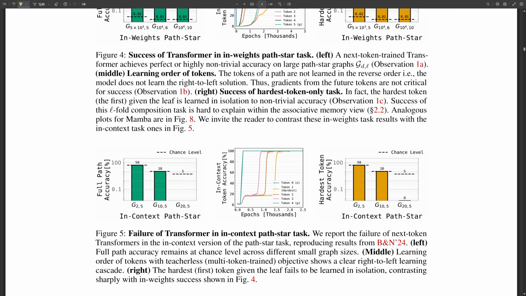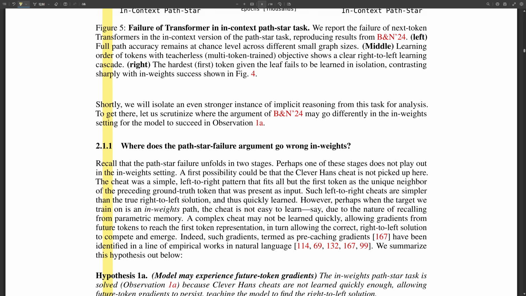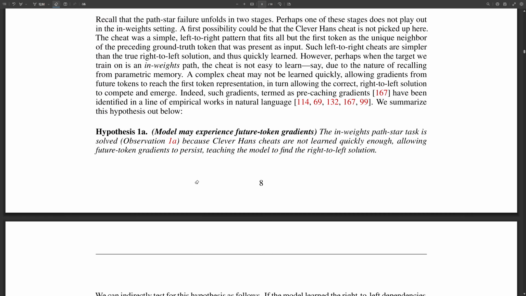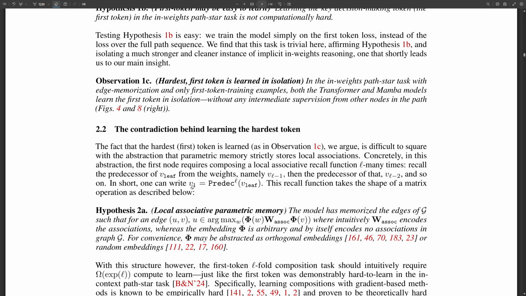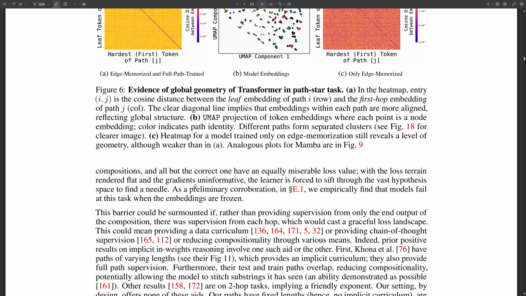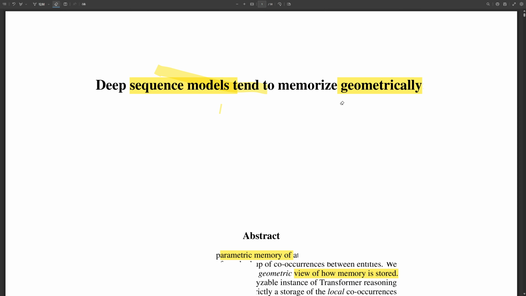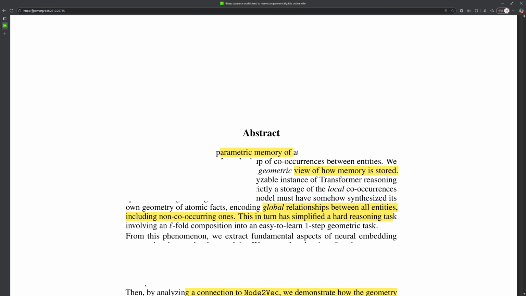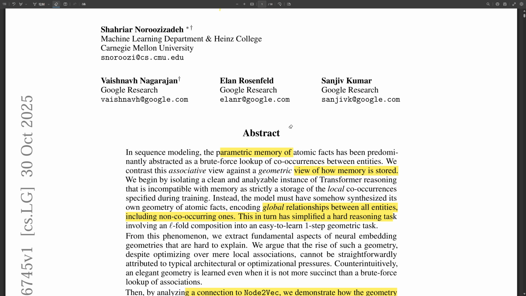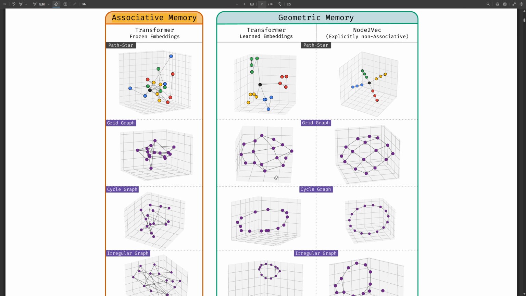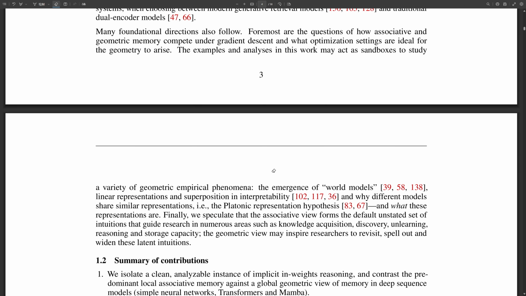Yes, and my issue here is really about conceptual clarity, about the integrity of the learned representation itself. If geometric memory is so fundamentally strong and necessary to solve these hard tasks, why is the geometry learned by deep sequence models, specifically the Transformer and Mamba, weaker and more, let's say, adulterated compared to the geometry learned by a much simpler, non-competitive architecture like Node2Vec?